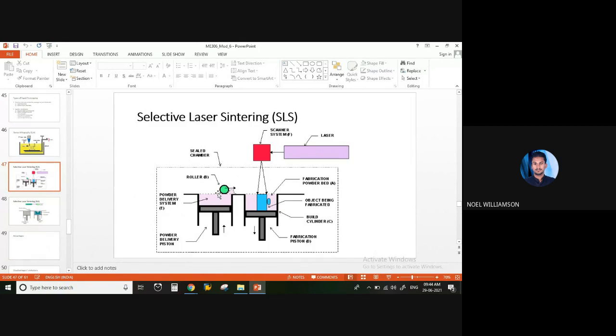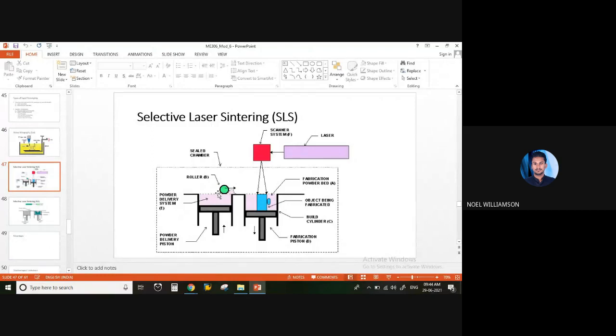From one portion, we are keeping the metal or non-metallic powder, which is to be sintered to form the layer, and in the other cylinder the product is being produced.